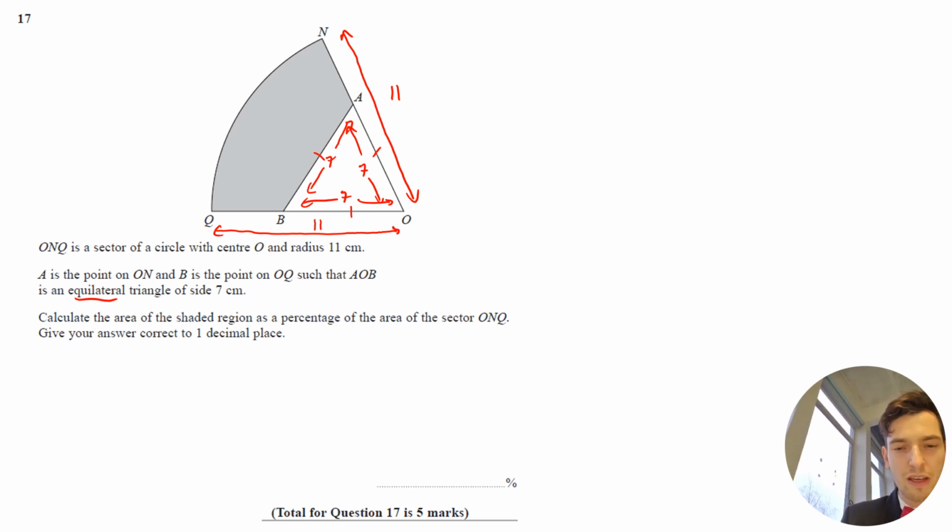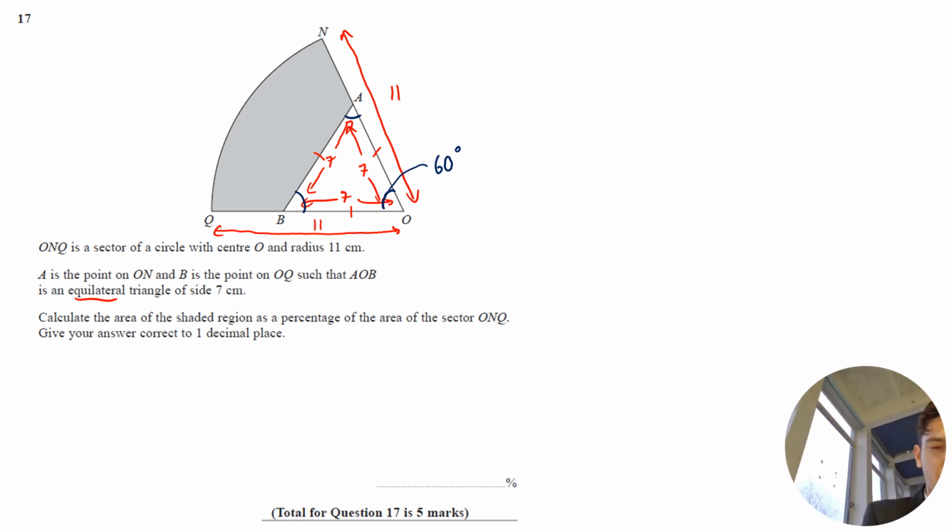And I also know something about the angles in an equilateral triangle, and let me just add that in. So my blue angles are all 60 degrees. Then it says calculate the shaded area as a percentage of the area of the sector ONQ.